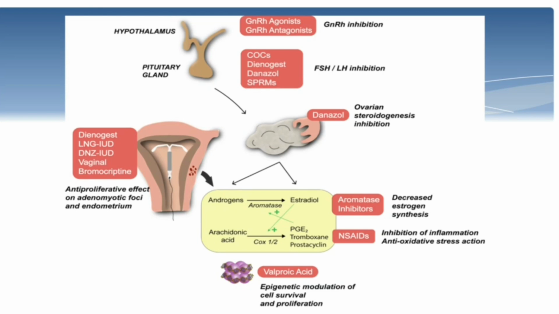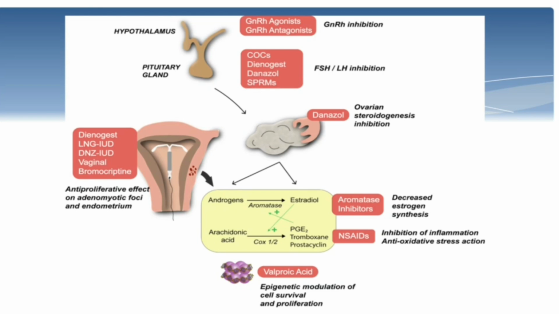Danazol can also work in ovarian steroidogenesis inhibition. Okay, we can use dienogest, levonorgestrel intrauterine system, danazol intrauterine device, or vaginal bromocriptine. This produces the antiproliferative effect on adenomyotic foci and endometrium.